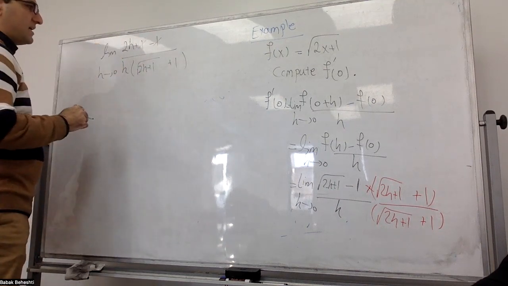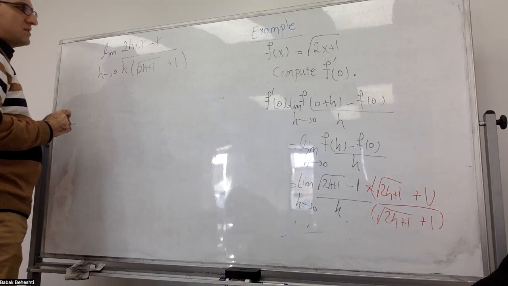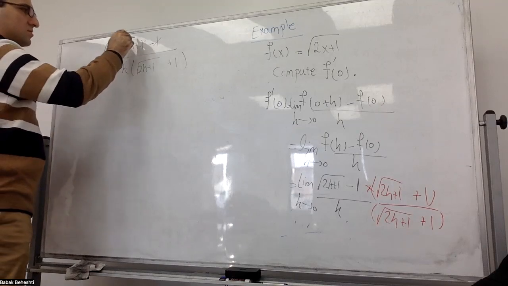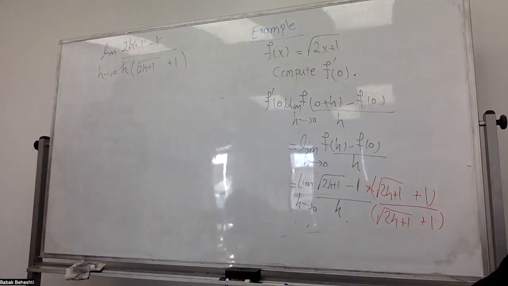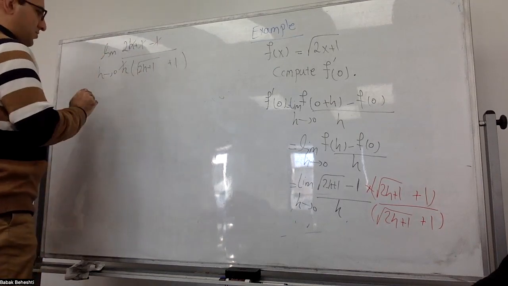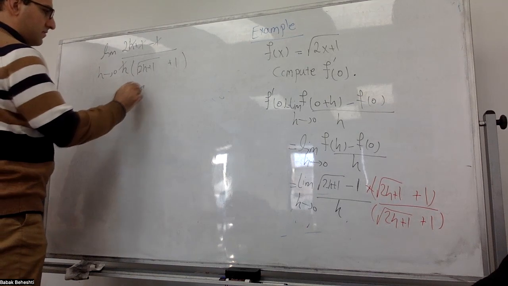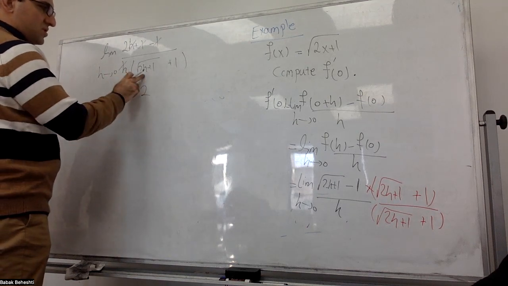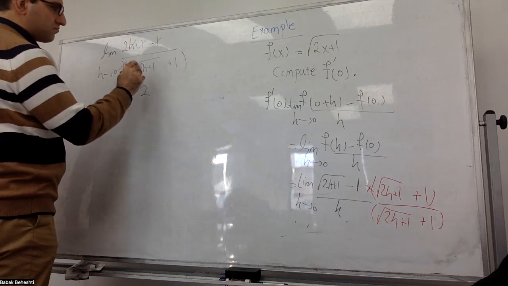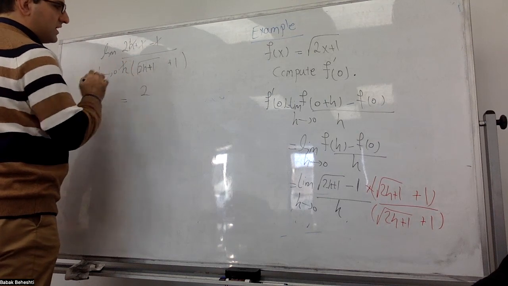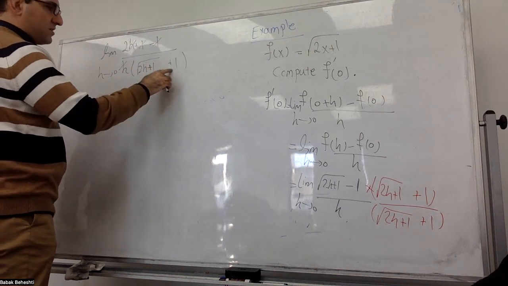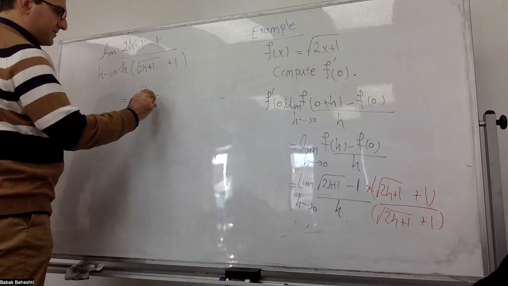So you have 2h divided by h, which is just 2. So h is gone. On the top you have 2. And when h goes to 0, on the bottom you have 1 plus 1, which is 2.